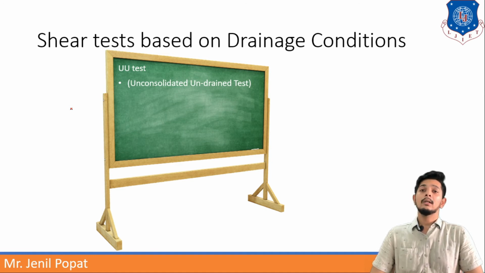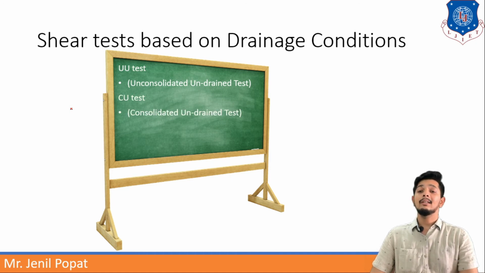As well, moisture is not permitted in the second stage, where the specimen will be sheared. So this test is called the unconsolidated undrained test. It is generally preferred for clays, and it is also known as the Q test. Q means quick test here, as it will give results in a few minutes.